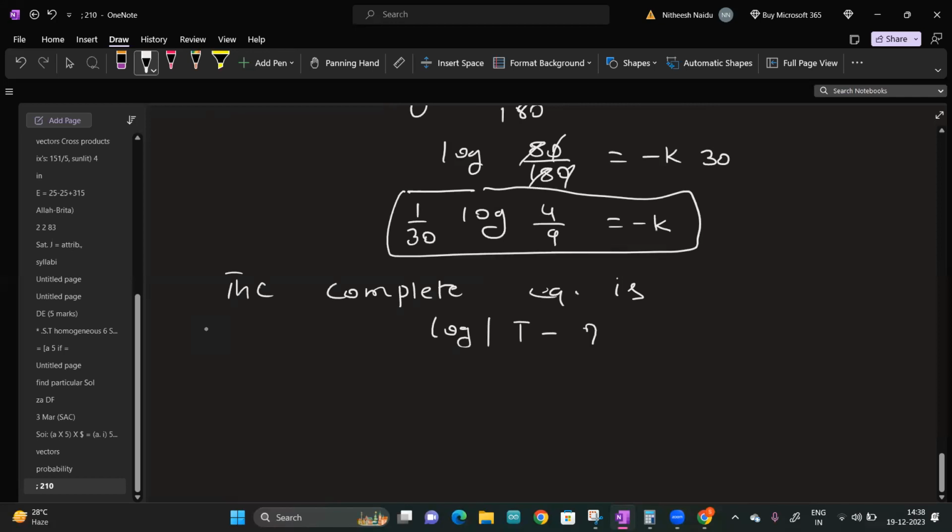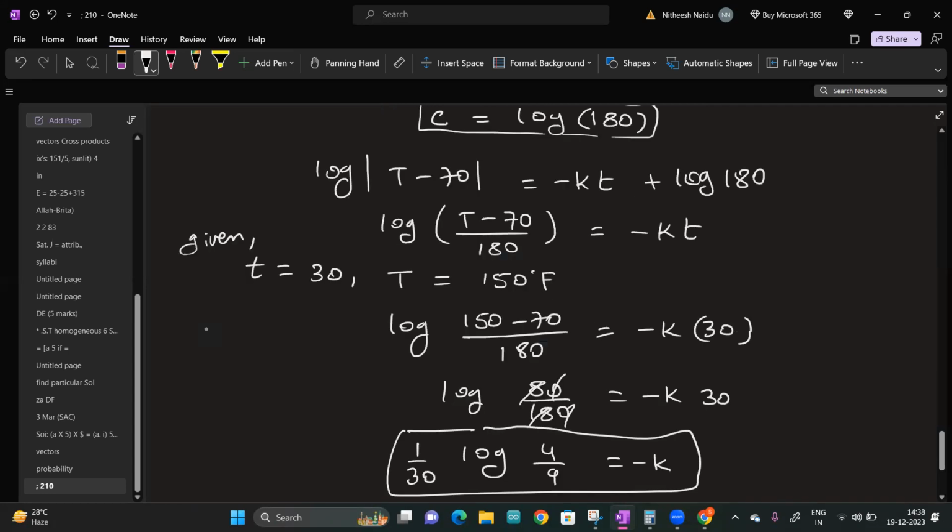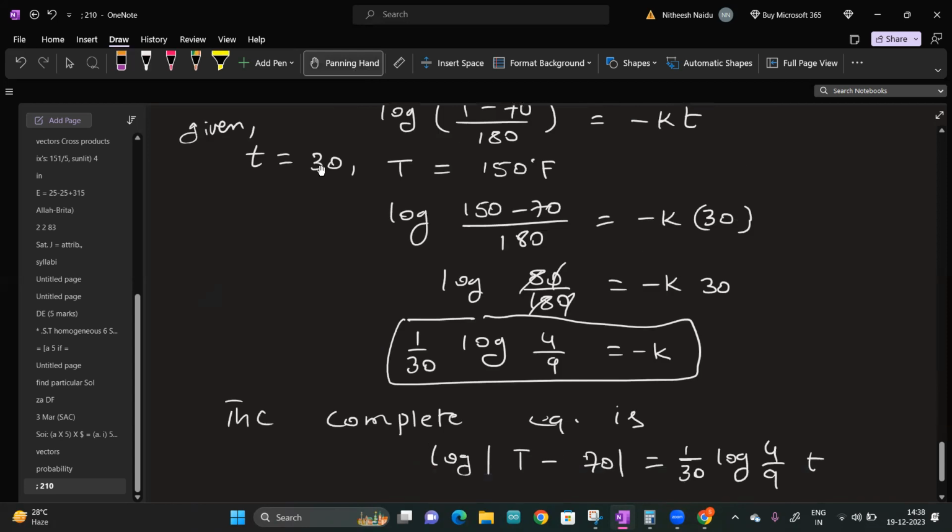T minus 70 is equal to, what is minus k? Minus k is 1 by 30 log of 4 by 9, into t. Am I right? So this is the complete equation.